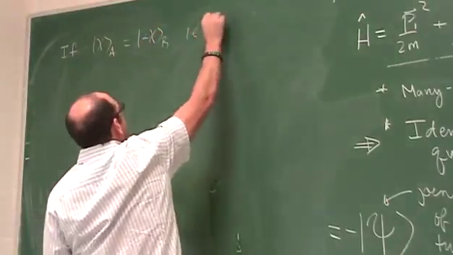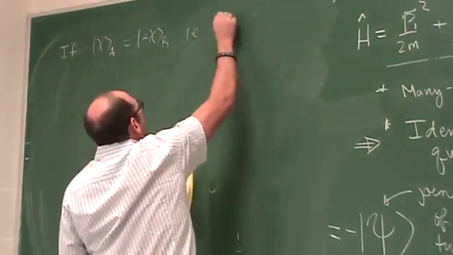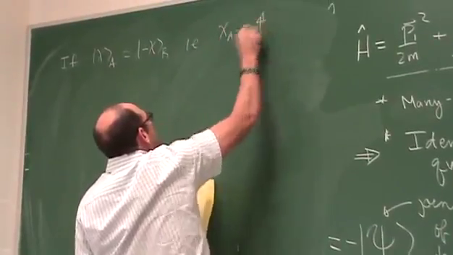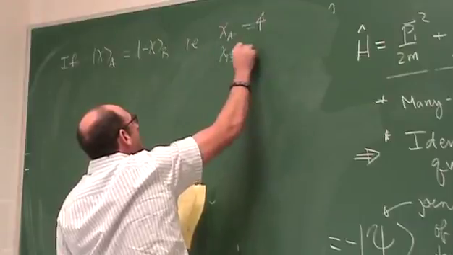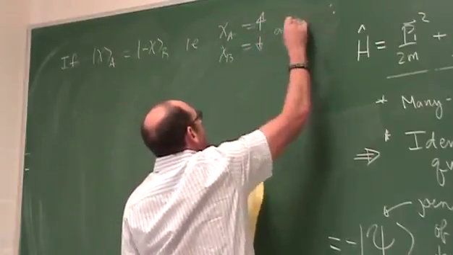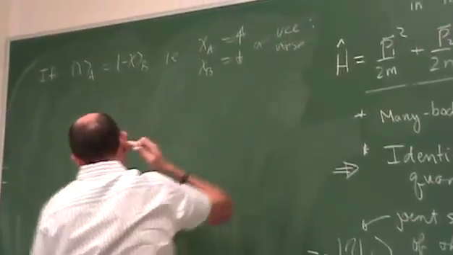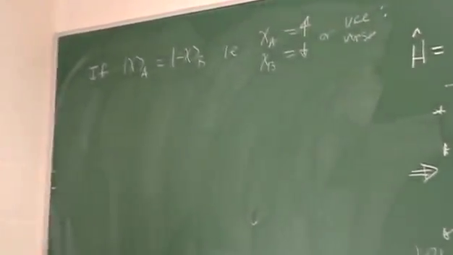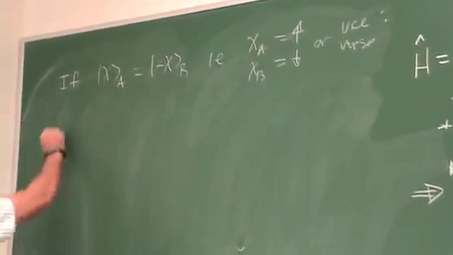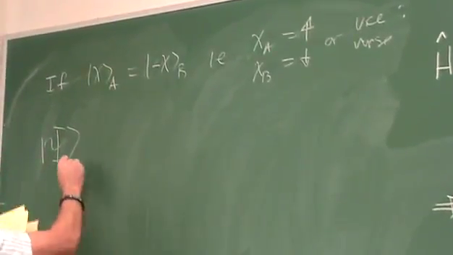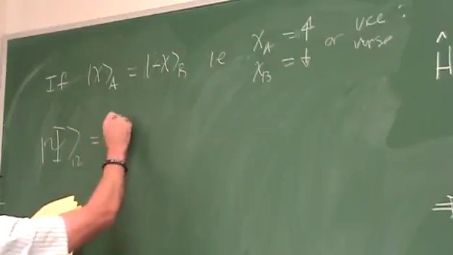So what I mean by this is either I have chi A up and chi B down, or vice versa. In that case, the joint state of the system is decomposed into the following.